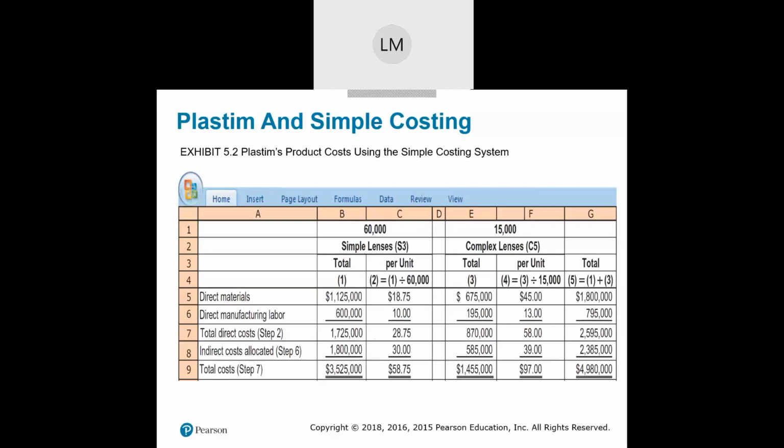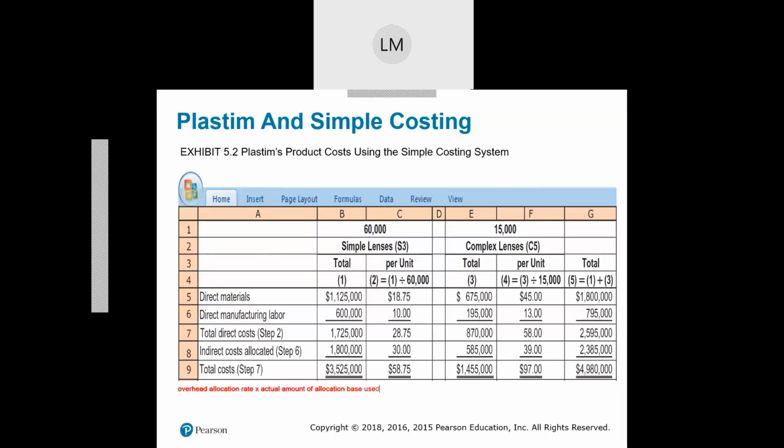So let me put it up here. The easier way to allocate overhead costs in this situation for Plastum is to take my overhead allocation rate times the actual amount of allocation base used.